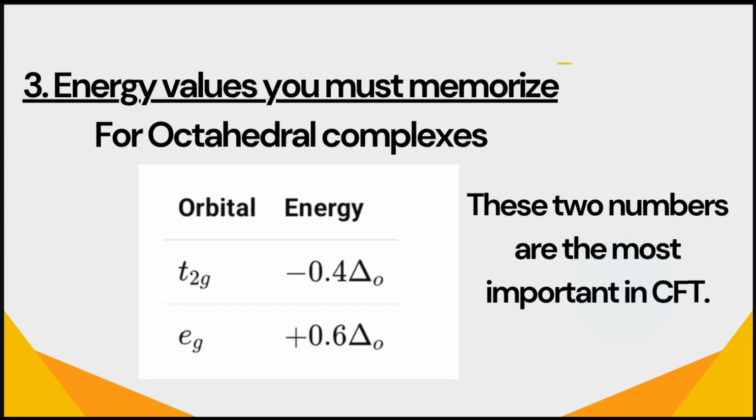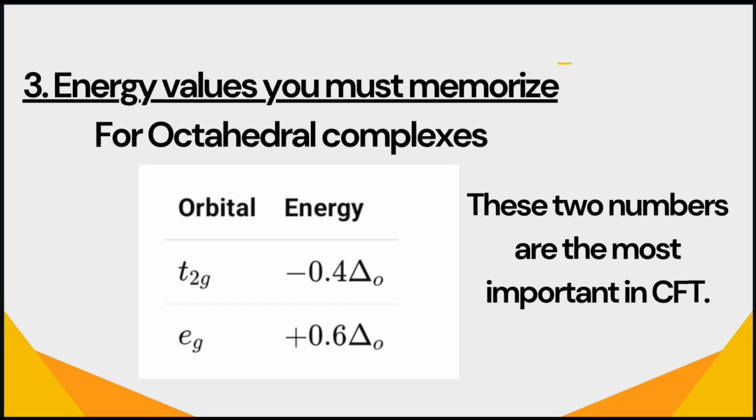Now we'll see energy values you must memorize for octahedral complex. For T2g orbital, energy is minus 0.4 delta naught, and for Eg orbital, energy is plus 0.6 delta naught. These two numbers are the most important in CFT, and please remember these values.